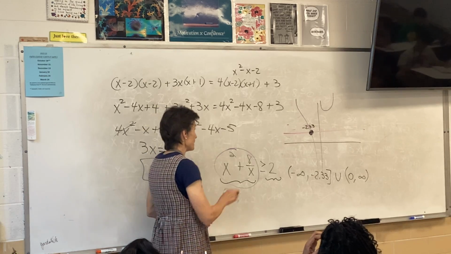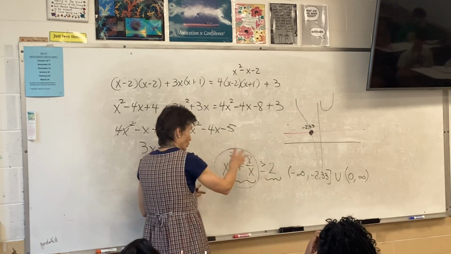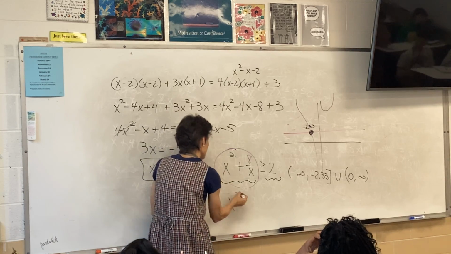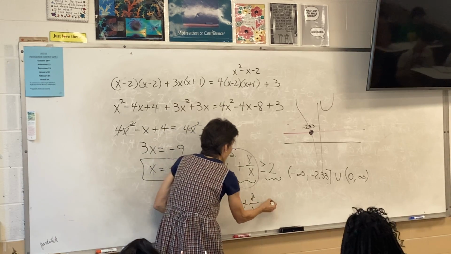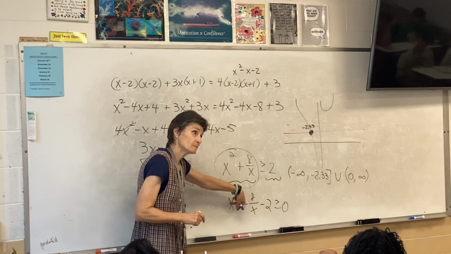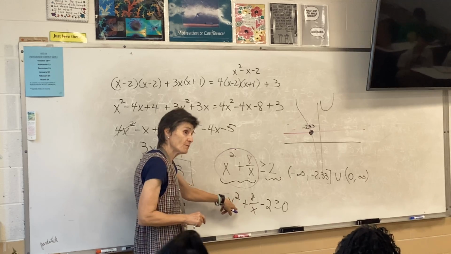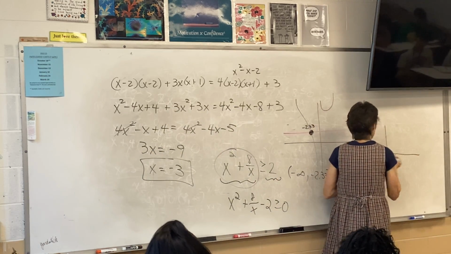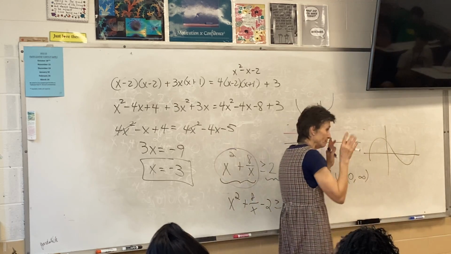Now, if that procedure confused you, then you could subtract the 2 over and graph that. And if you did that, then you wouldn't get a picture like this. You would get, I don't know, you'd get something.